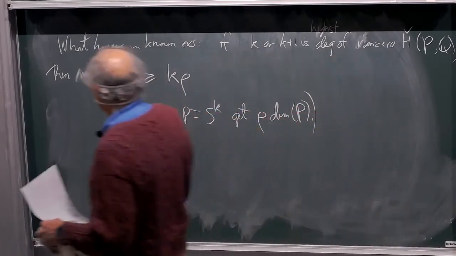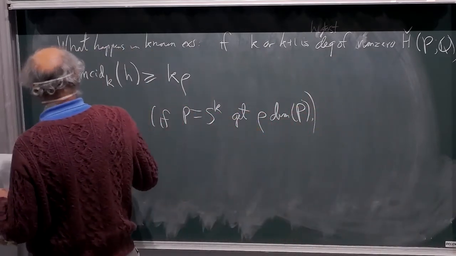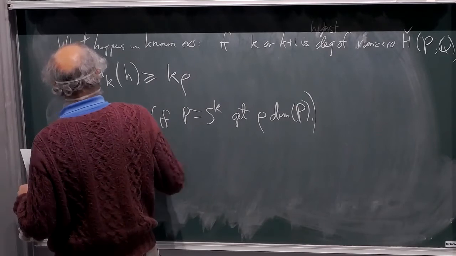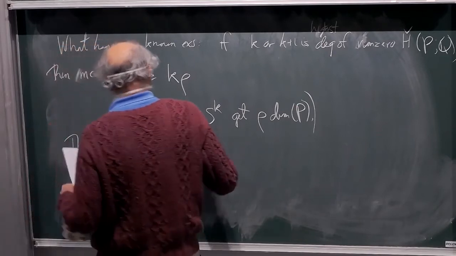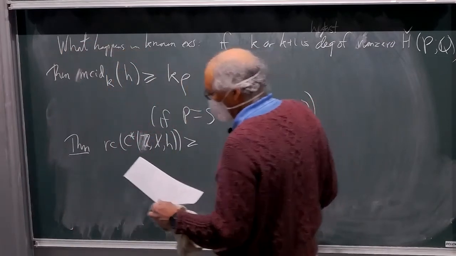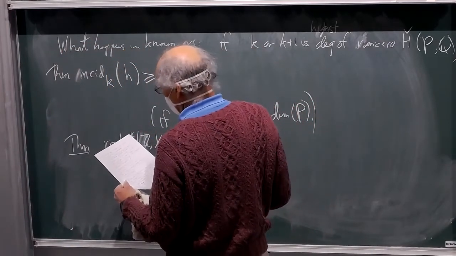Now the theorem is that RC of the cross product is bigger than or equal to, and here's what we actually got.